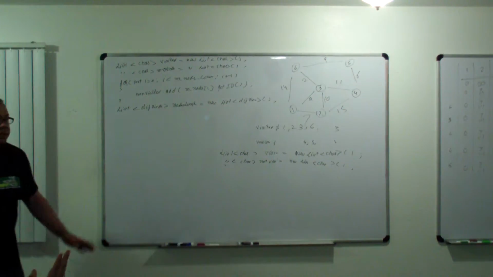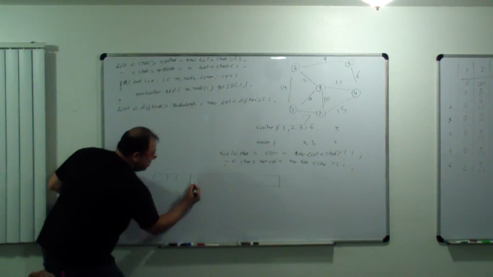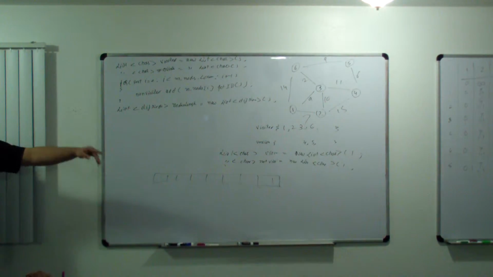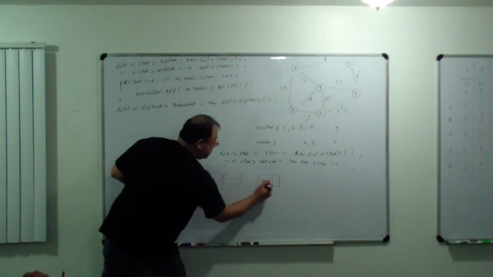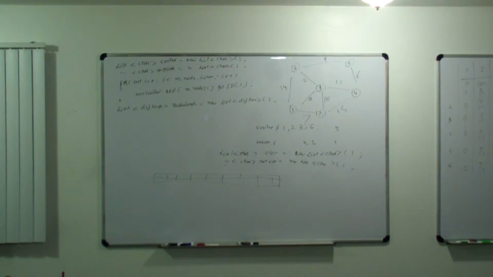Now what we have to do is we have to instantiate everything with infinite. If our aim is to reach 5 from 1, this algorithm, Dijkstra's algorithm, calculates all the shortest paths from one node to all the other nodes.